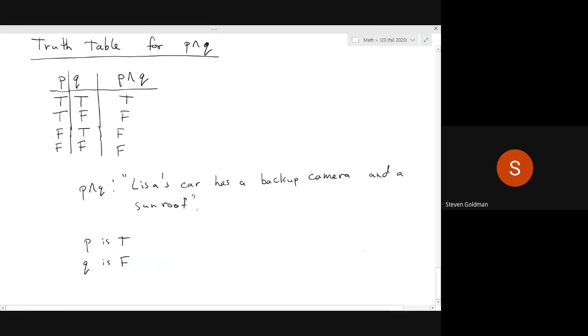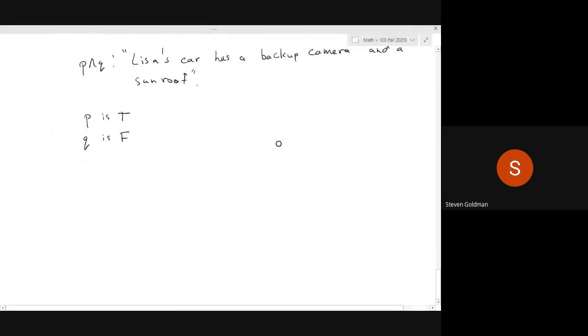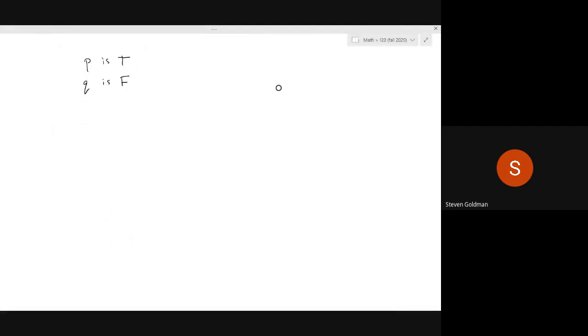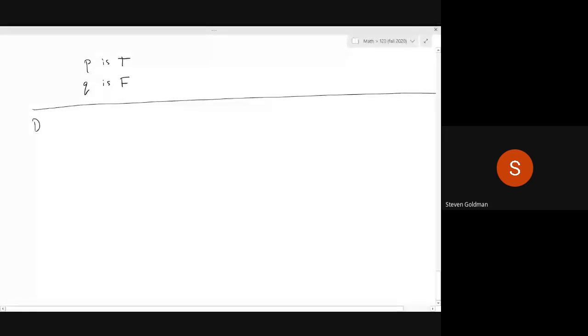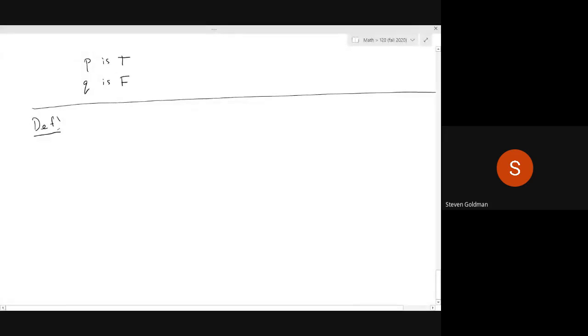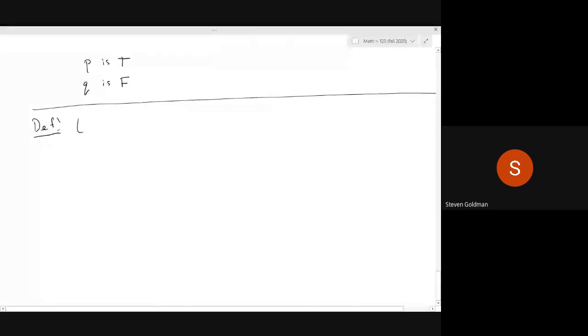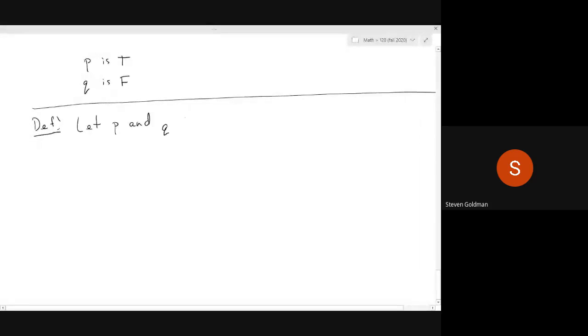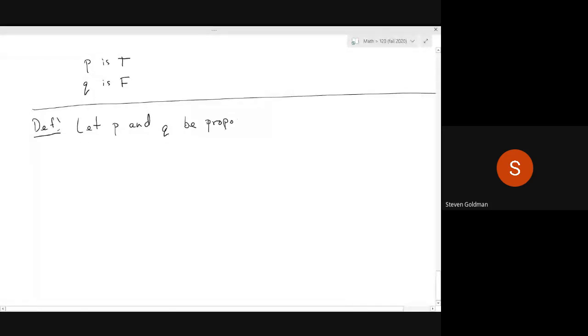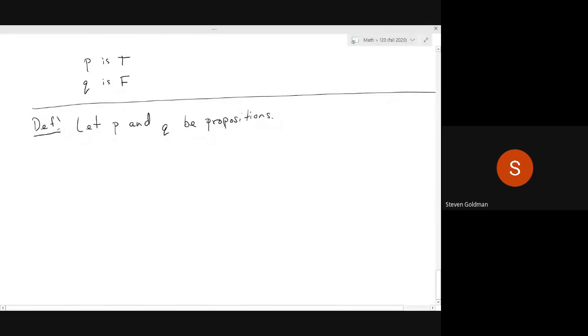All right, so we're going to next move on to our next type of compound proposition. We're going to talk about disjunctions, as I said a second ago. So again, I'll start with a definition of what a disjunction is. Let P and Q be propositions. A disjunction is where we combine two propositions to form a new sentence using the word or.